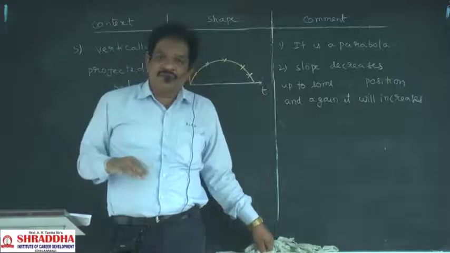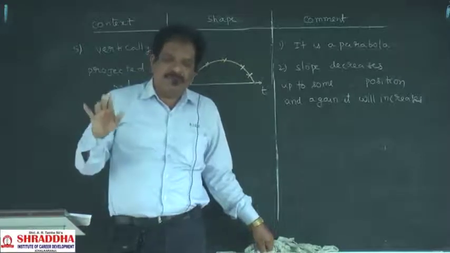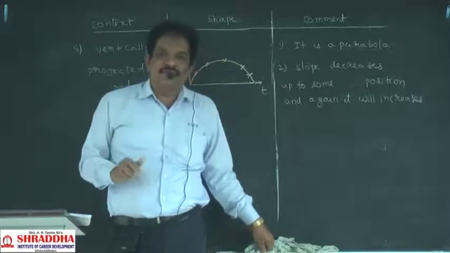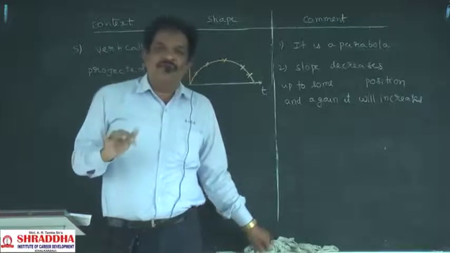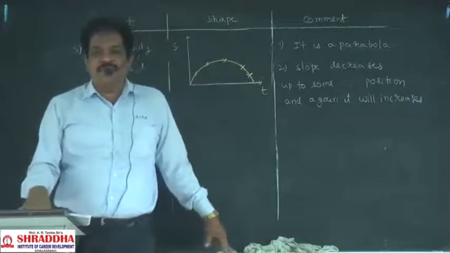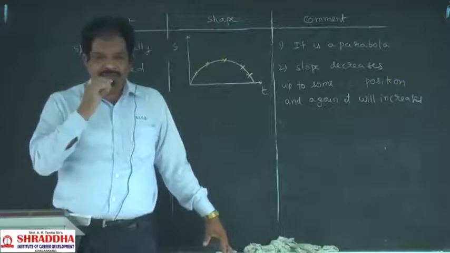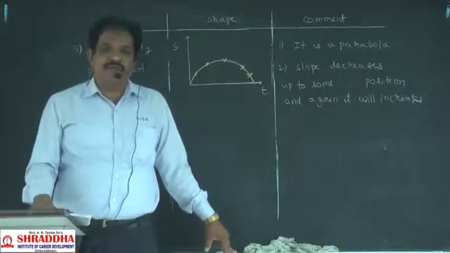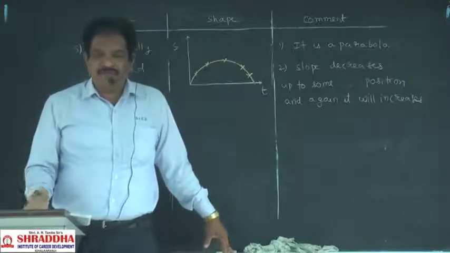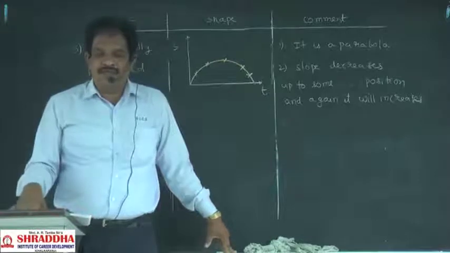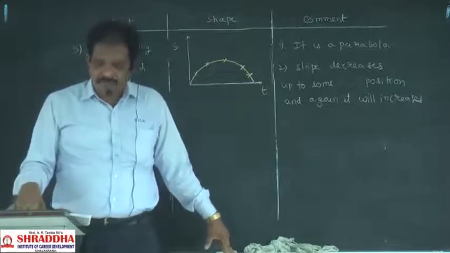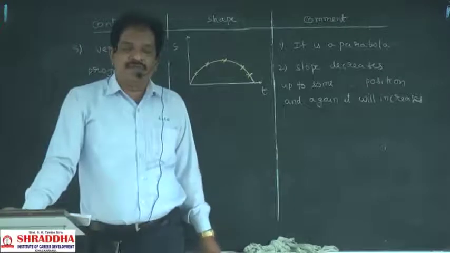If the graph is a parabola with increasing slope, the body is moving with uniform acceleration. If the graph is a parabola with decreasing slope, the body is moving with uniform retardation.